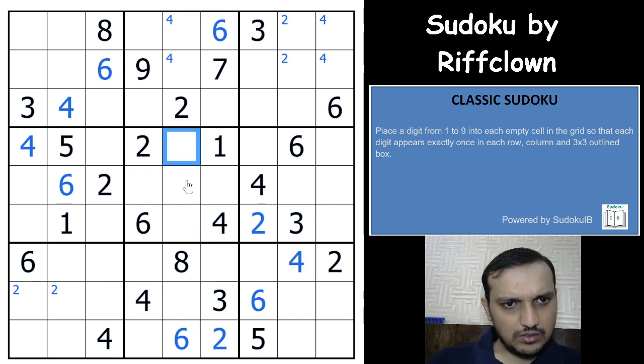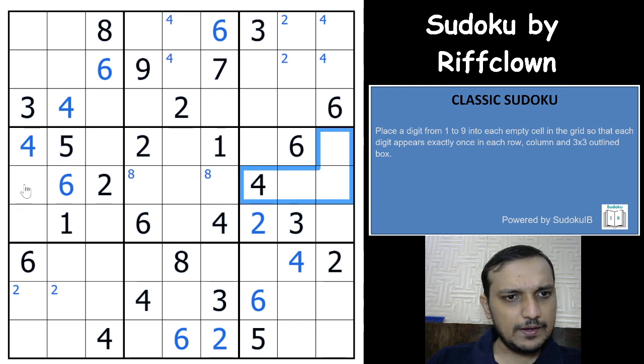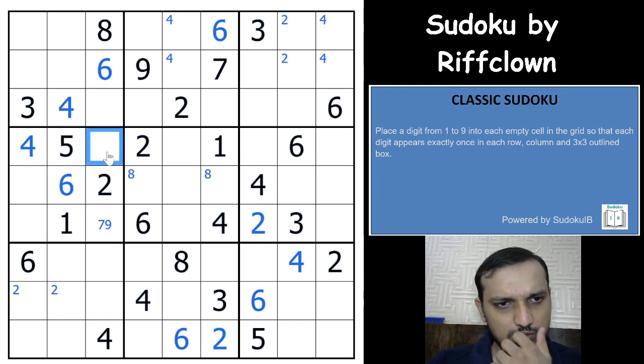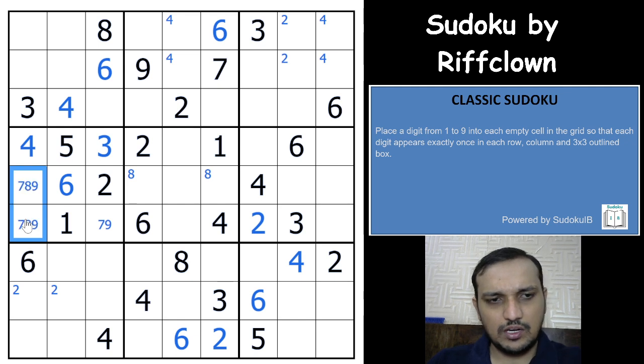And get 8 in one of these 2 cells, so you have a pointing of 8 here in this box, and 3, 7, 8 and 9, so 8, 3, this has to be 7 and 9. Oh, you cannot have a 3 in any of these cells, so 3 is here, 8, 7, 8 and 9.